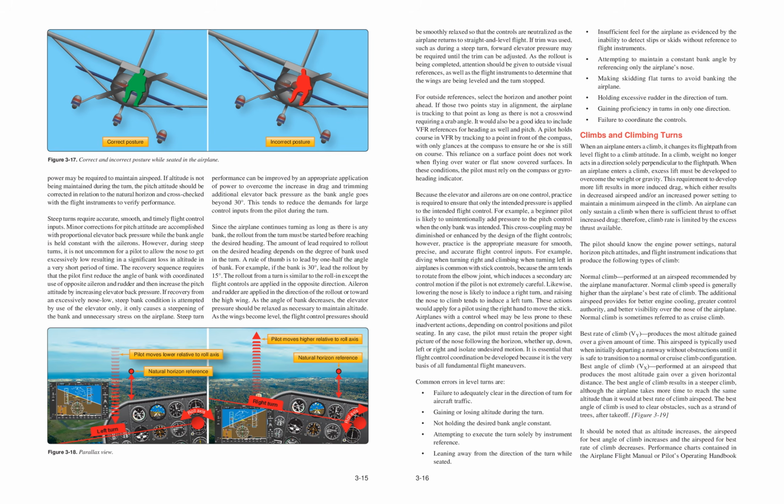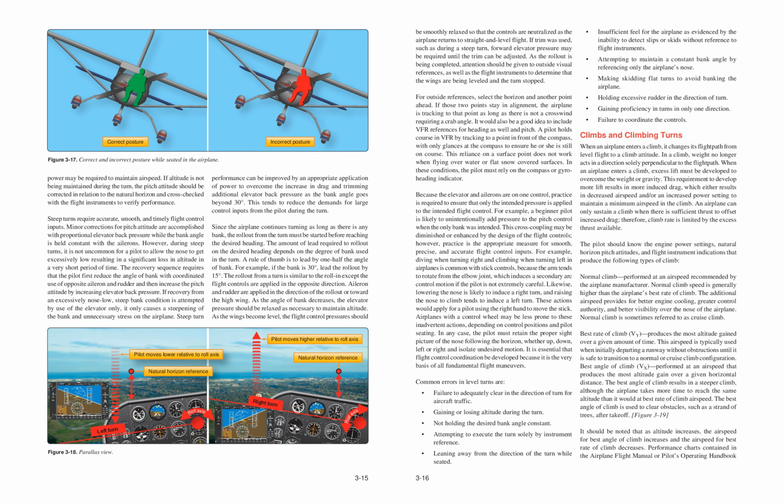For example, diving when turning right and climbing when turning left in airplanes is common with stick controls, because the arm tends to rotate from the elbow joint, which induces a secondary arc control motion if the pilot is not extremely careful. Likewise, lowering the nose is likely to induce a right turn, and raising the nose to climb tends to induce a left turn. These actions would apply for a pilot using the right hand to move the stick.